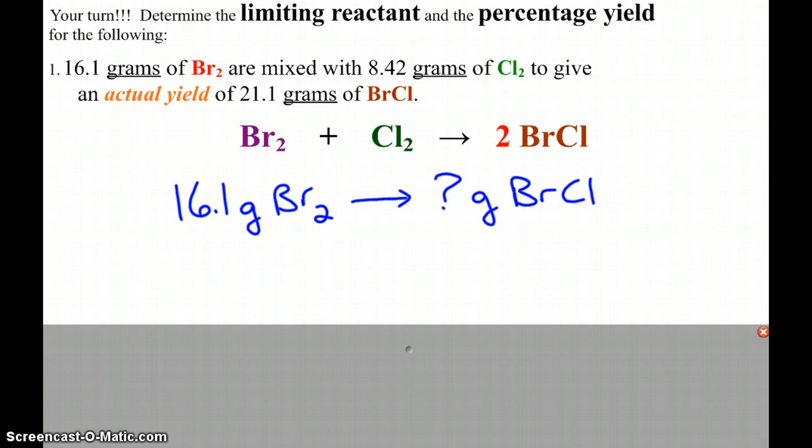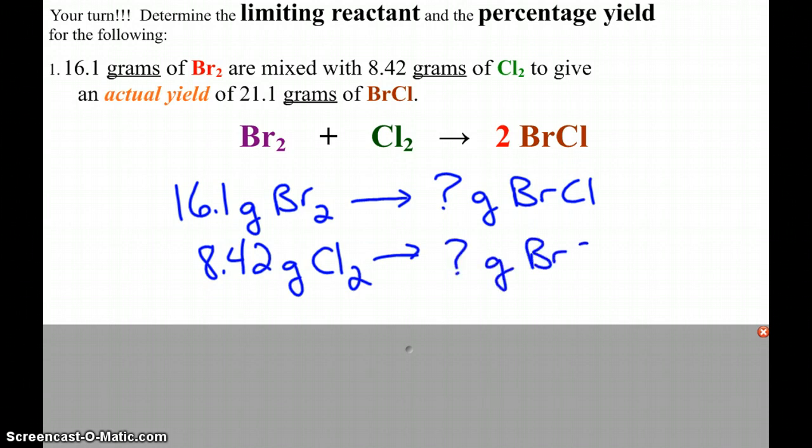Then you have 8.42 grams of chlorine, and again, you want to know how many grams of product you can make from that. So you do those two mass-mass problems. Whichever one has the smaller answer is our limiting reactant, and then we can use that piece of information to find the percentage yield. So pause the video, give it your best shot, and then I'll show you the answer here.